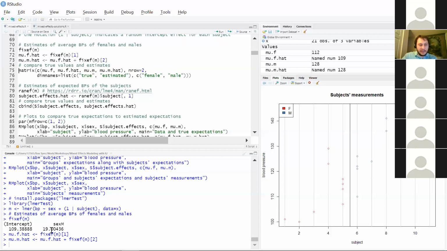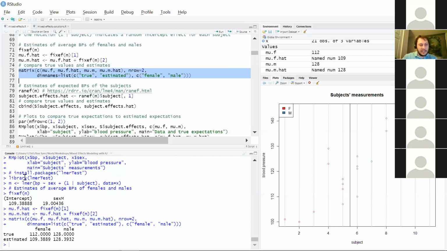It's doing maximum likelihood estimation, or a slight variation on maximum likelihood estimation, and giving me estimates of the group's expectations. I've got a little line of code that lets me compare: the true female expected blood pressure I defined was 112, and the estimate was 109.4. The male true expected blood pressure was 128, and the estimate was 128.4. So those are pretty good estimates.